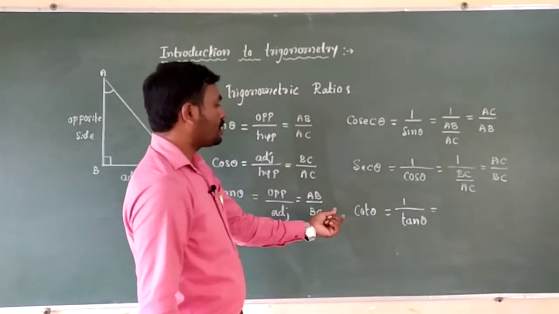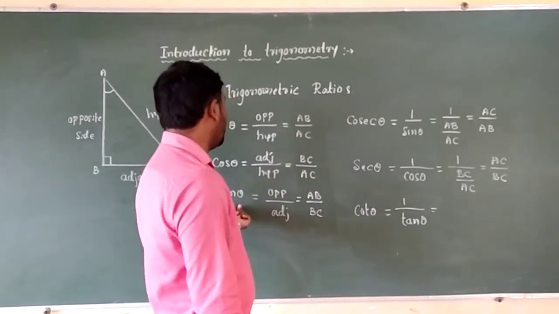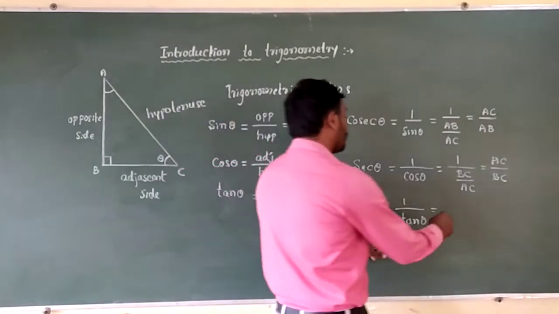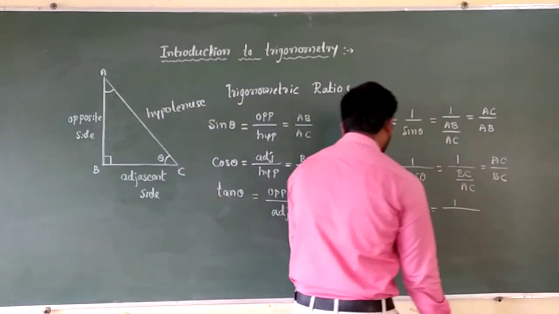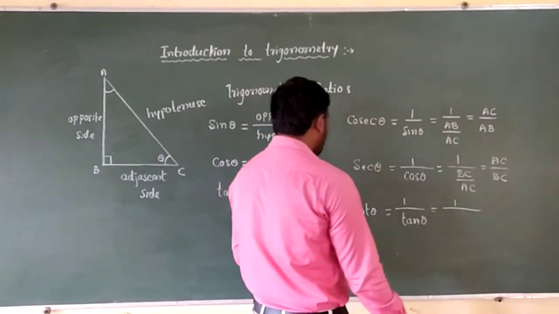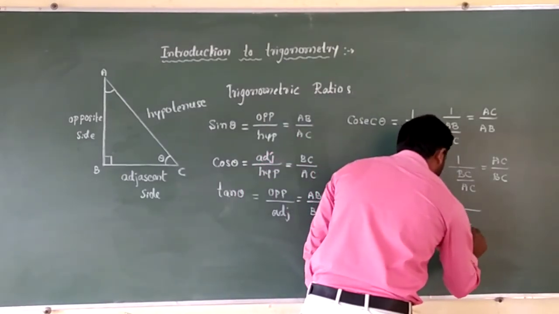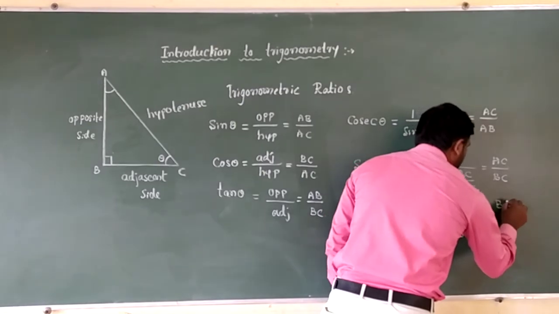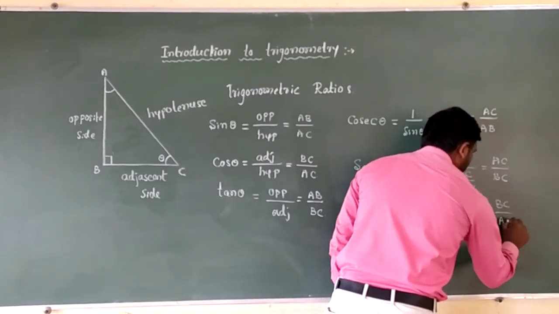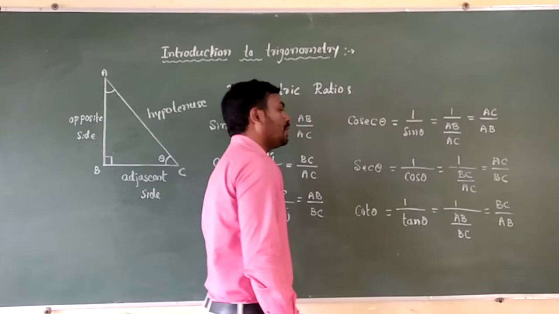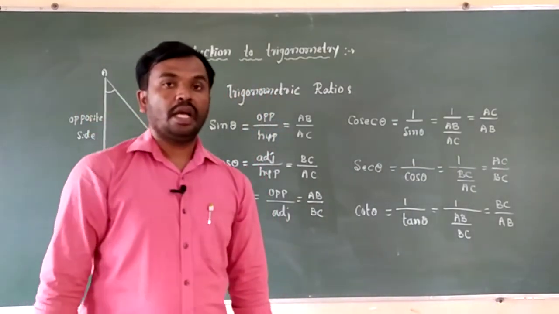So cot theta is what? Cot theta is 1 by tan theta. So 1 divided by tan theta is 1 divided by AB by BC, this is equal to BC by AB. So cot theta is adjacent side divided by opposite side.